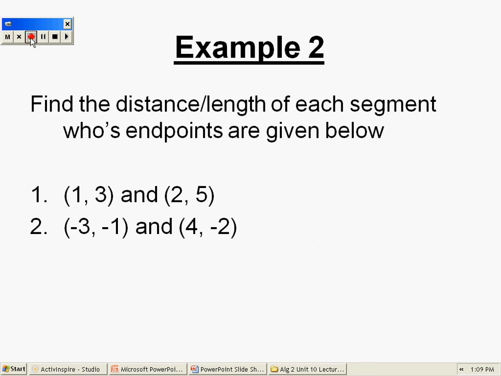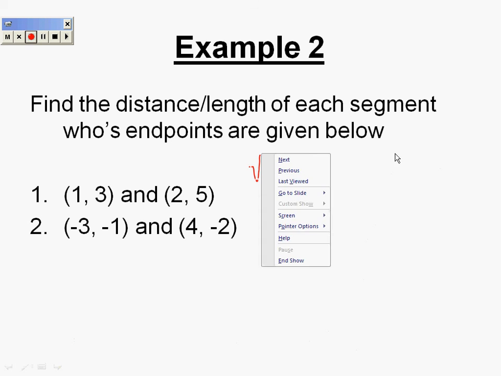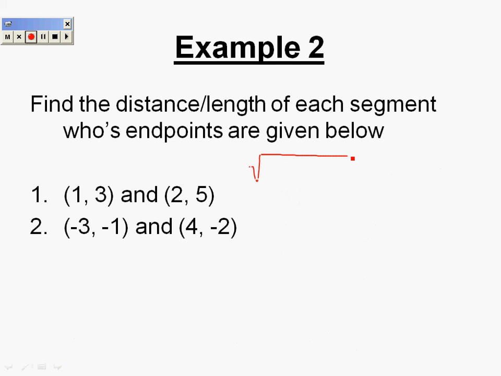Number 2, same thing, but with this one, I think we should definitely be careful with our negatives because the formula has negatives in it also, and that can cause some issues, as you've seen before with formulas. So let's go. What are my x values, first of all? Okay, so we're going to have a negative 3 take away 4, right?